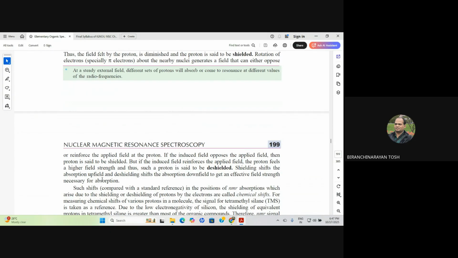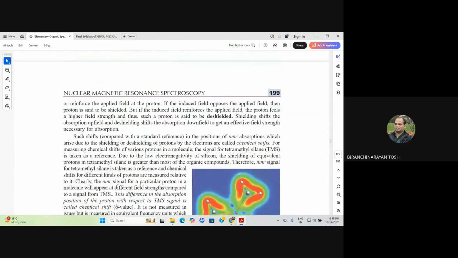We see here that two scales are there. What is upfield and what is downfield? We will discuss that in the subsequent pages. Shielding shifts the absorption upfield, and de-shielding shifts the absorption downfield, to get the effective field strength necessary for absorption.